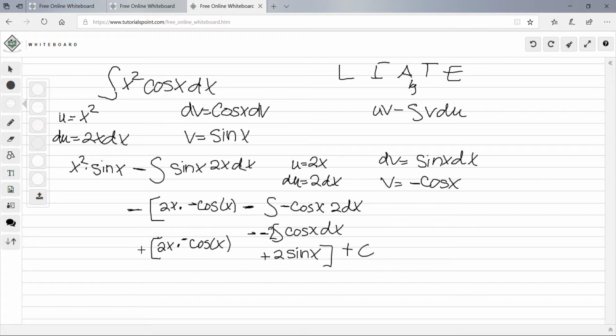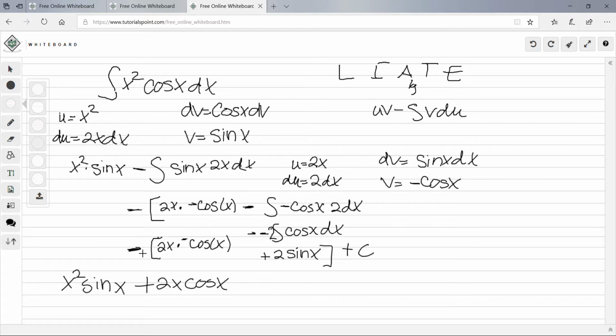plus c, and then don't forget you have to distribute this negative. And don't forget this part, this x squared, so bring that down, so you're going to get x squared times sine x plus 2 negatives, right? 2 negatives become positive, so it's 2x cosine x.